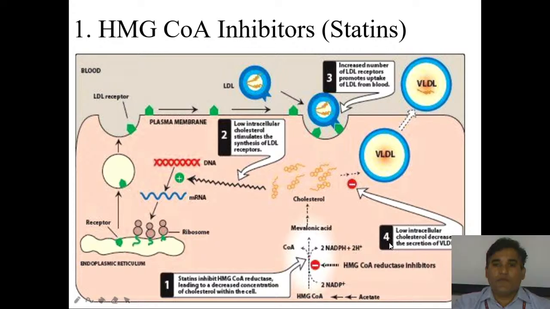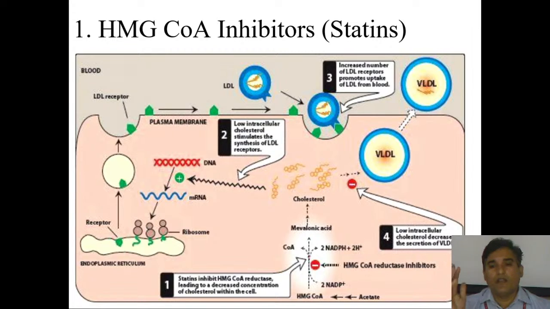And the fourth thing is that low intracellular cholesterol decreases the secretion of VLDL. Ultimately, when cholesterol synthesis is inhibited in the liver, secretion of cholesterol in the form of VLDL decreases. Therefore, statin lowers the plasma cholesterol level in four ways.